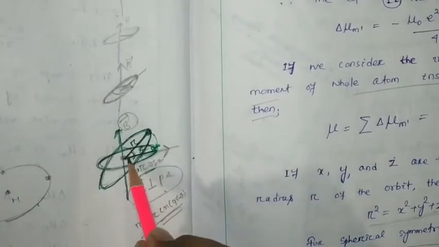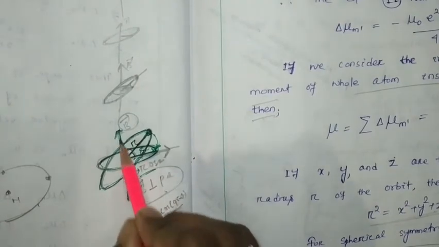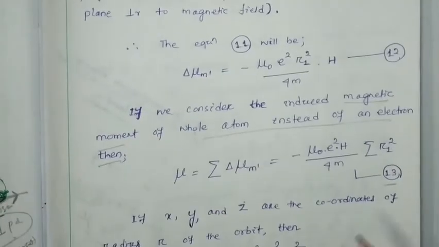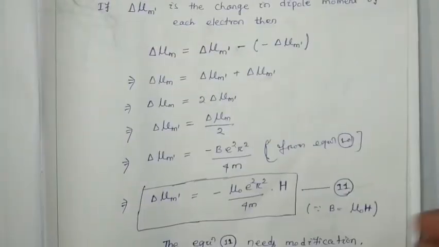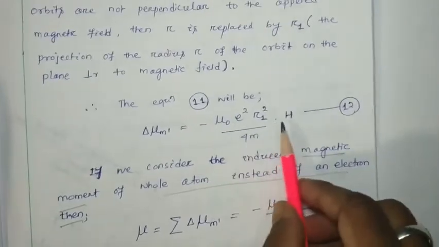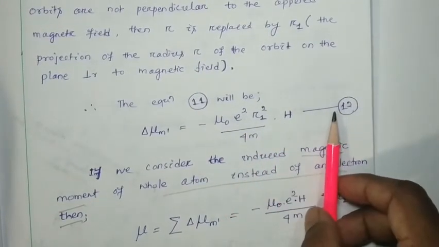This is the projection which is perpendicular to the magnetic field. So r is going to be replaced by r1. Now equation number 11 will be this much, but this r is replaced by r1. So equation 11 is transformed to mu 0 e square r1 square by 4m into H. Let it be equation number 12.